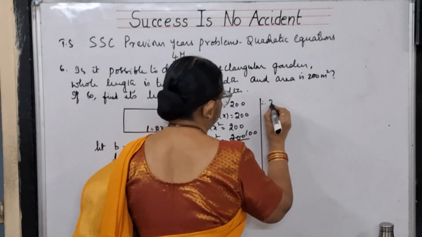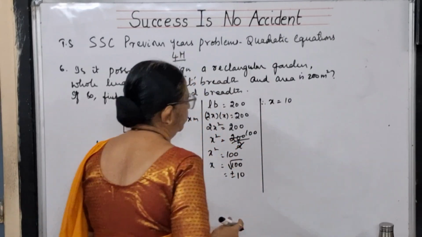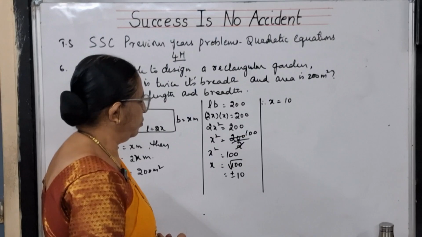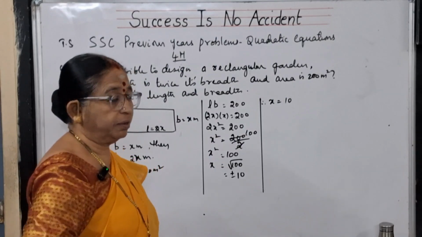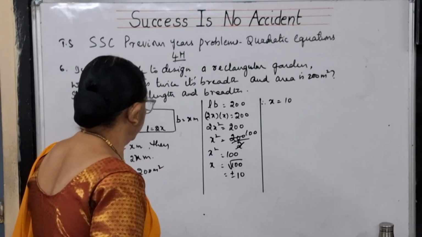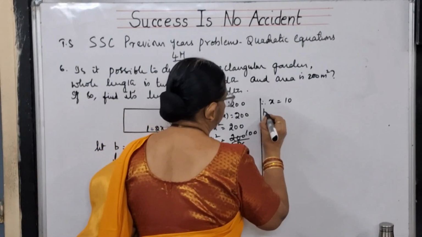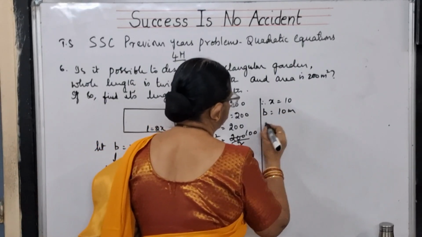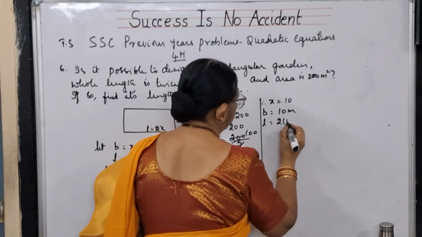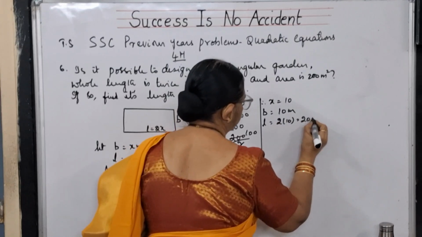We will not take negative 10. We will take only positive 10 because these are the lengths of the sides. So if x is equal to 10, breadth is equal to 10 meters. Length is equal to 2 into 10, 20 meters.